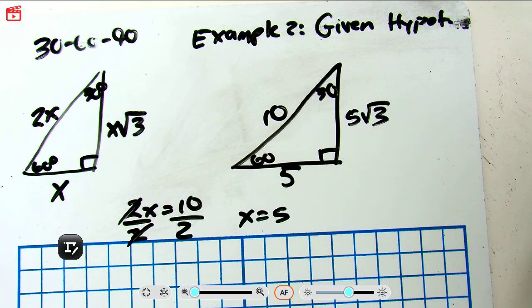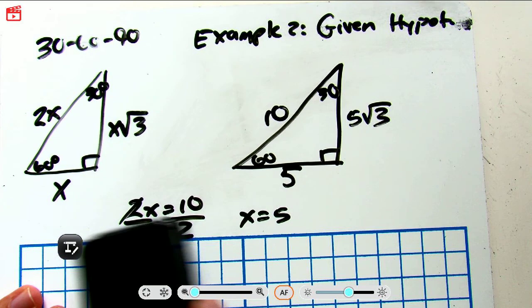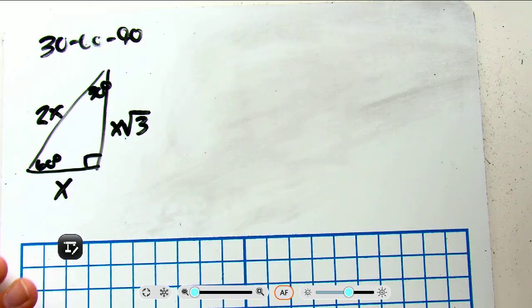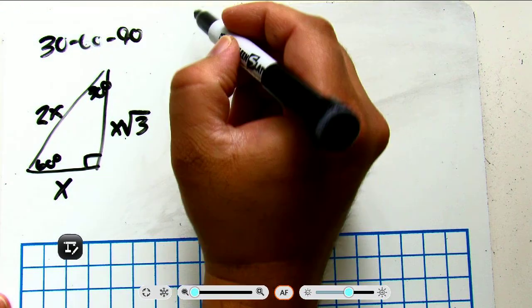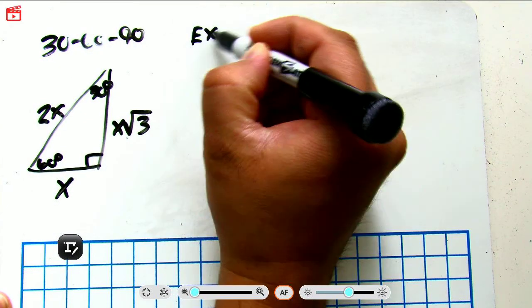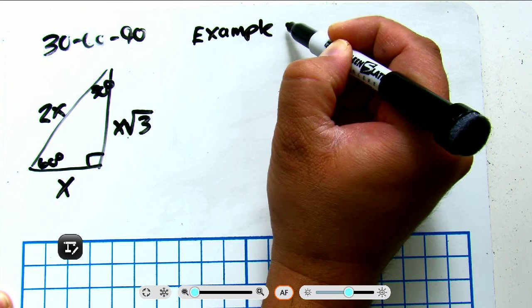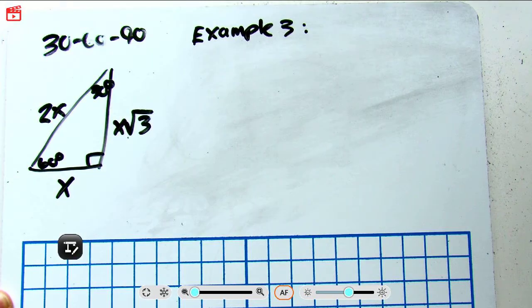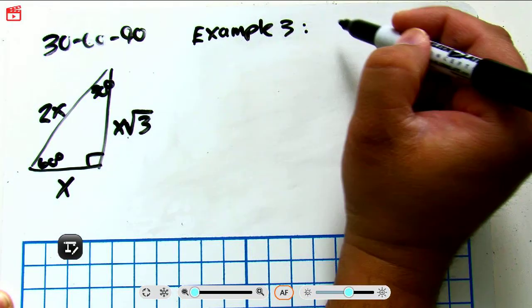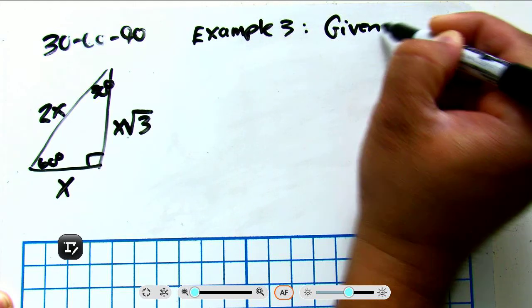And last example, so the last example is given the long leg. So I have a right triangle.